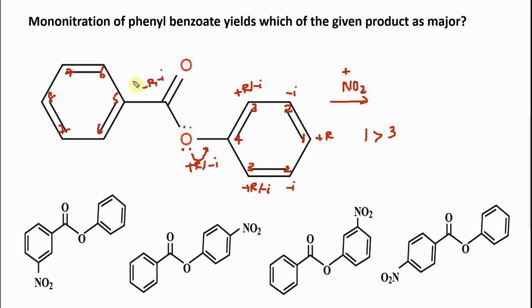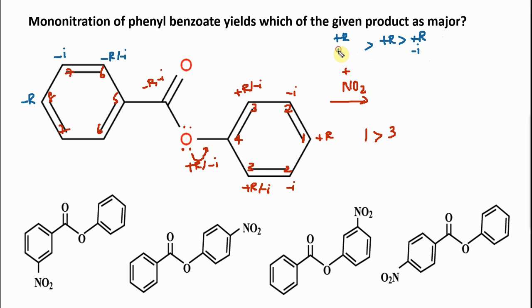Now going to this side, what effects will we feel? This is a minus R minus I group, so I'll feel the minus R minus I here, I'll feel the minus I here, I'll feel the minus R here. Correct? So which effects are good for me? Plus R is good, then plus I is good. Let's write it this way: plus R minus I is good.